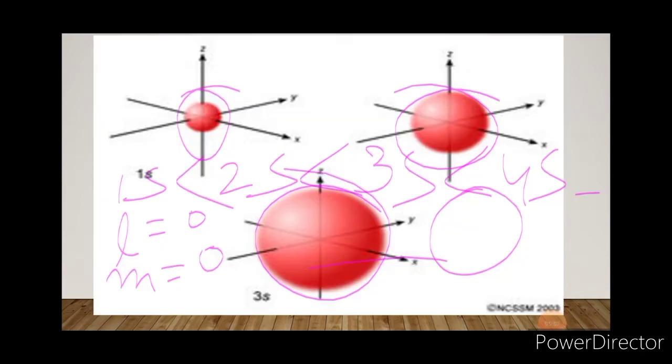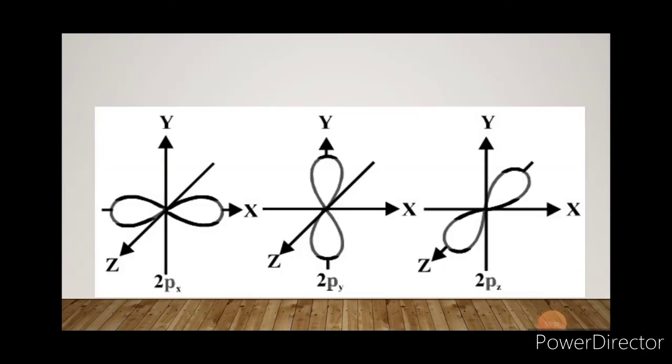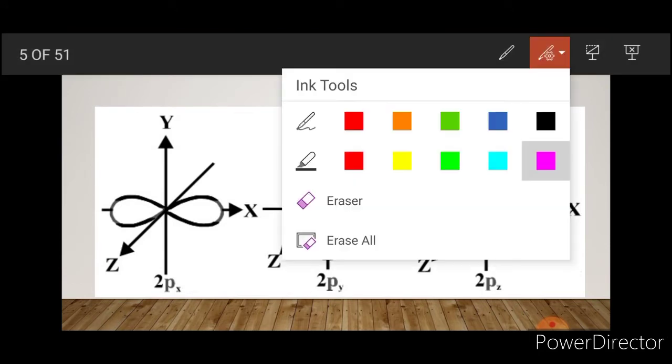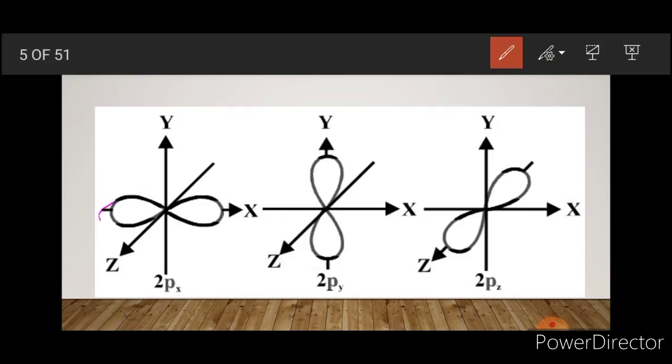Now let's see the shape of p orbital. It has been found that the probability of finding the p electrons is maximum in two lobes on the opposite sides of the nucleus, and the probability density function is 0 on the plane where the two lobes touch each other.